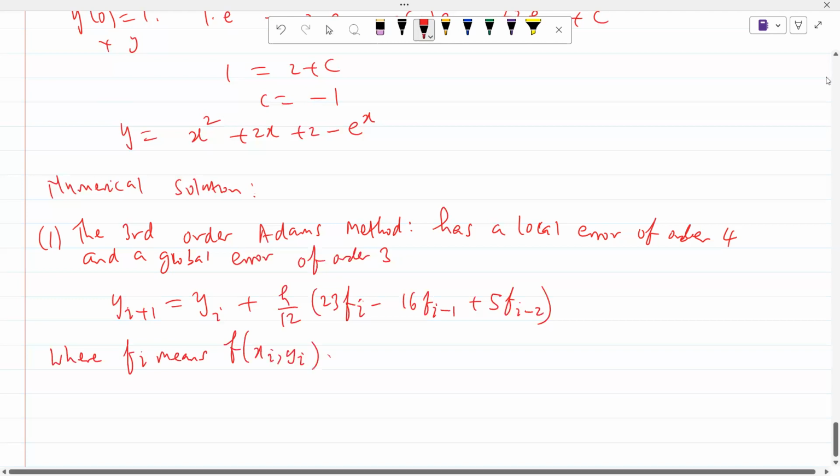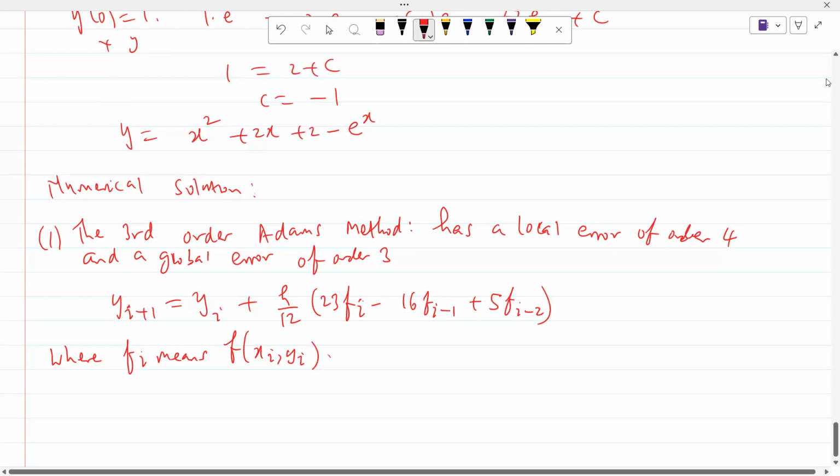So the third order Adams method has a local error of order 4 and a global error of order 3, and the formula is y i plus 1 is equal to y i, etc.